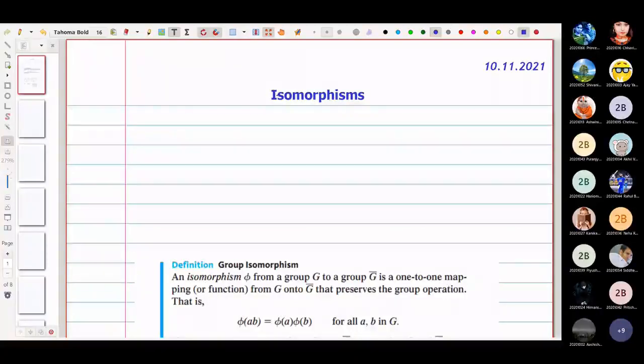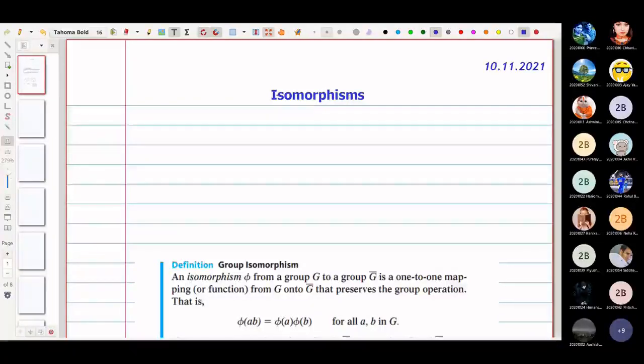So in one sense, isomorphism is a particular case of homomorphism. And on the other hand, we can also say that homomorphism is a generalization of isomorphism.